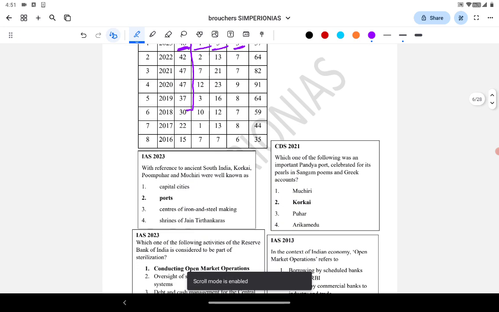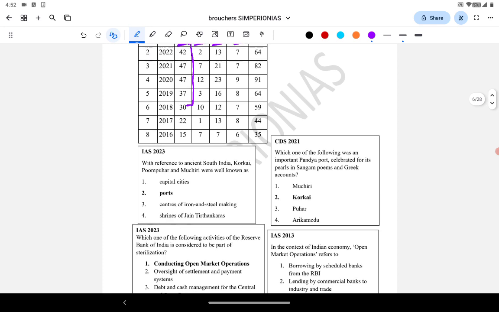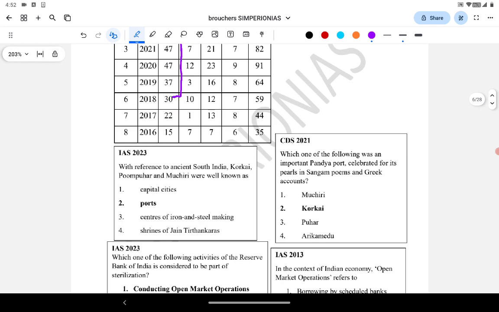Let's consider one question from the 2023 prelims. With reference to ancient India, the Korkai, Pumpuhar, and Muziris are well known as ports. Now let's consider this 2021 CDS paper.